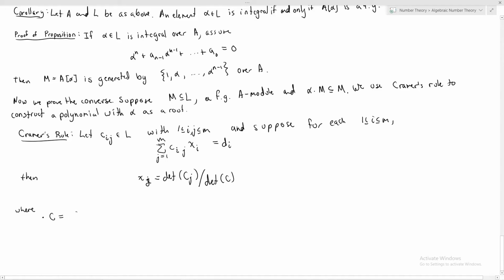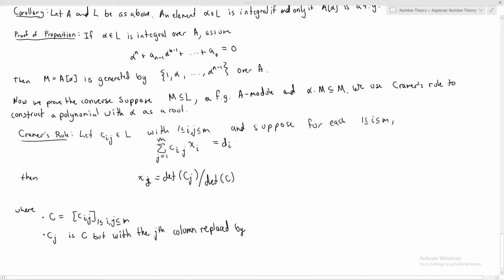Well, C is the matrix with entries c_ij. And C_j is essentially the matrix C where you replace the jth column.